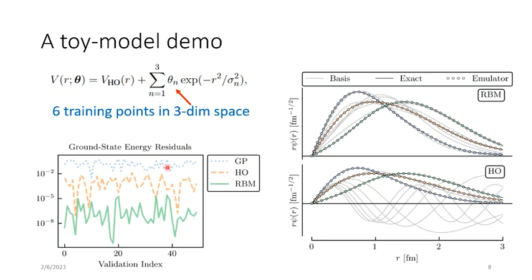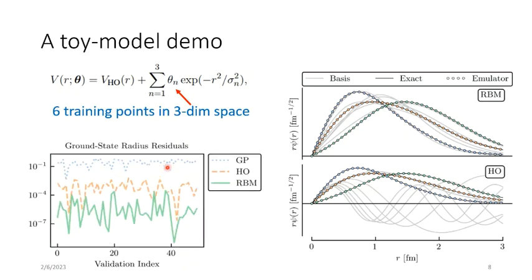Related to the topic of this program, we can also think about the radius, which is one particular property of the spatial distribution of your wave functions. This is the radius, and the projection-based emulators do way better than the Gaussian process based on just 6 training points for a 3-dimensional space.